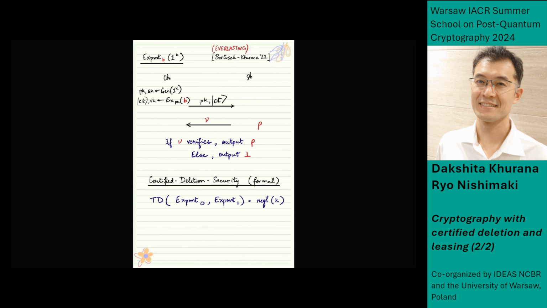We consider the trace distance between experiment 0 and experiment 1, which means the encryption is a ciphertext of 0 or a ciphertext of 1. If the trace distance is negligible, then we say this is everlasting secure.